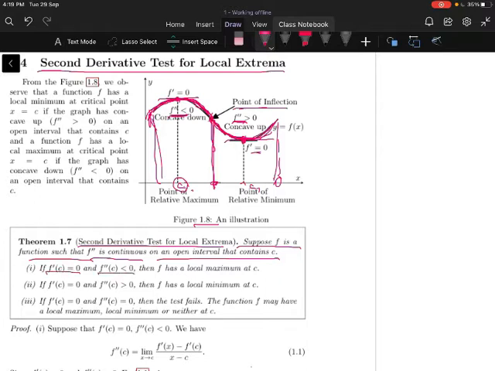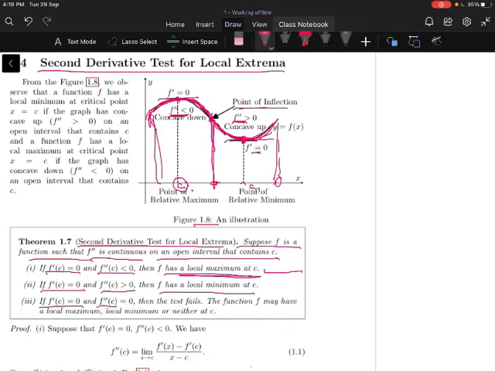If f dash of c is equal to 0 and f double dash of c is negative, then the function f has a local maximum value at c. The second one is, if f dash of c is equal to 0 and f double dash of c is positive, then f has a local minimum at c.